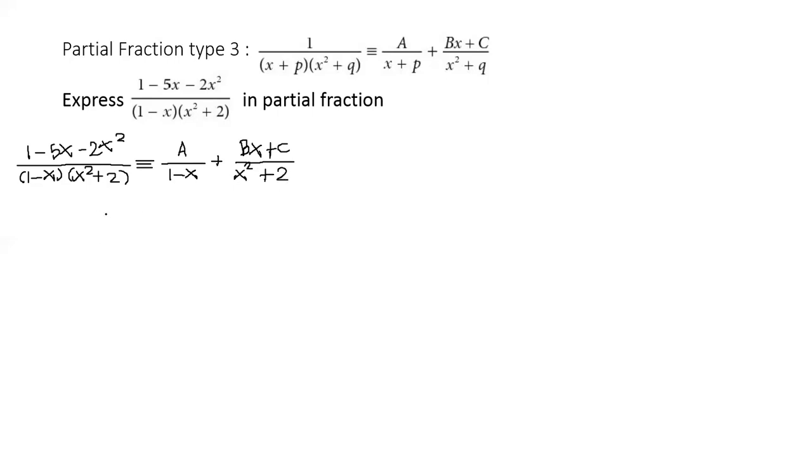Next, the numerator 1 minus 5x minus 2x squared is identical to A times this denominator, x squared plus 2, plus (bx plus c) times (1 minus x).